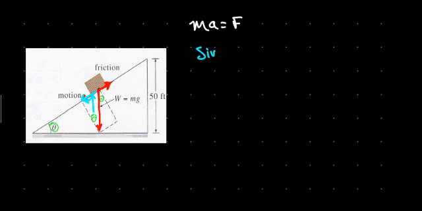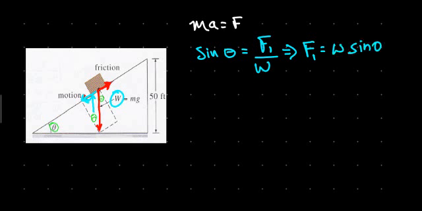Sine theta equals my force, I'm calling it force 1, that's the one pulling it down the hill, over my hypotenuse here, which is W, which implies that force 1 equals W sine theta. Okay, so that's that one.